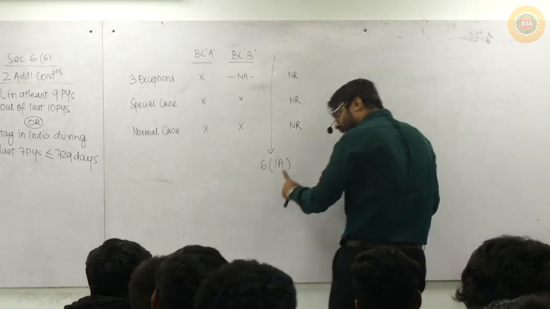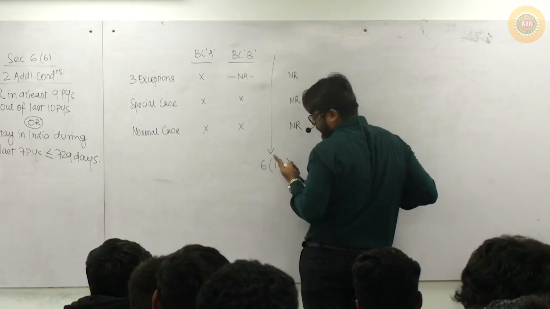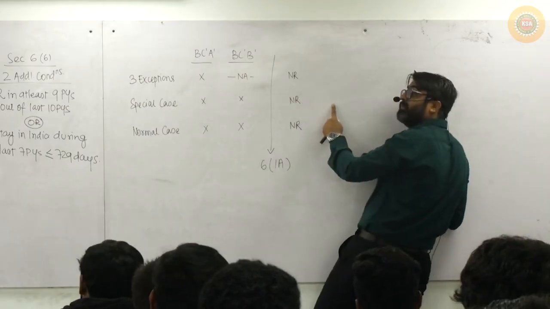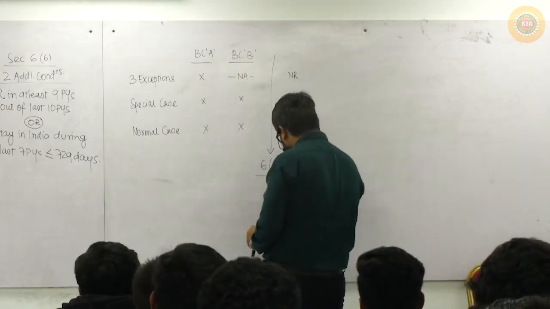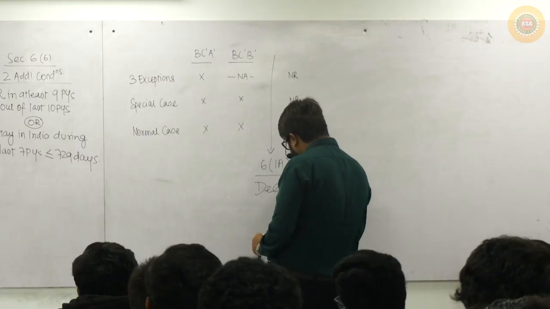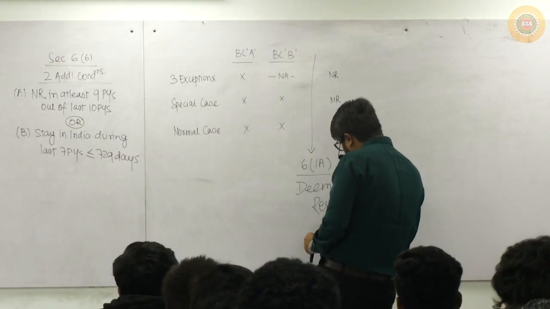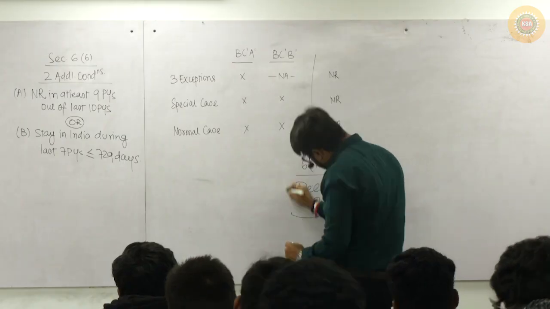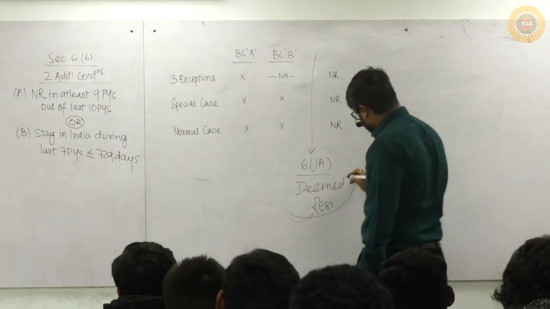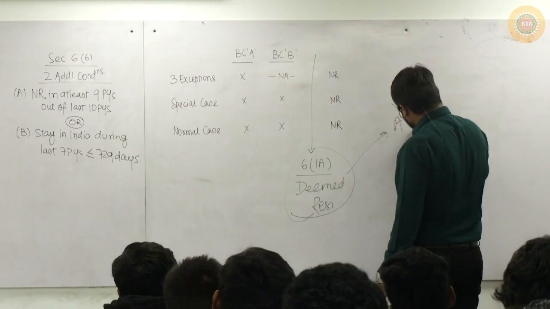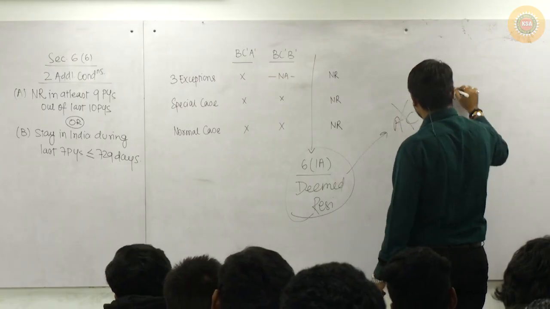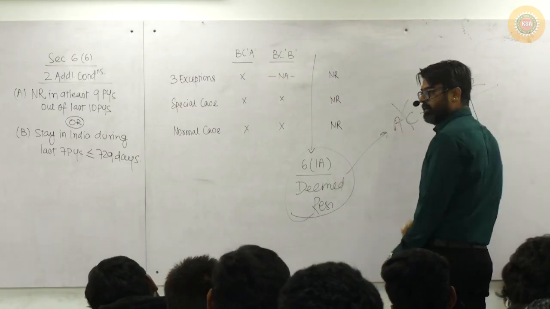If you are covered here, then we will not allow you to become a non-resident. We will treat you as a deemed resident. And a person who is covered by 6(1)(a) becoming a deemed resident will not check additional conditions, he will be directly becoming RNOR.